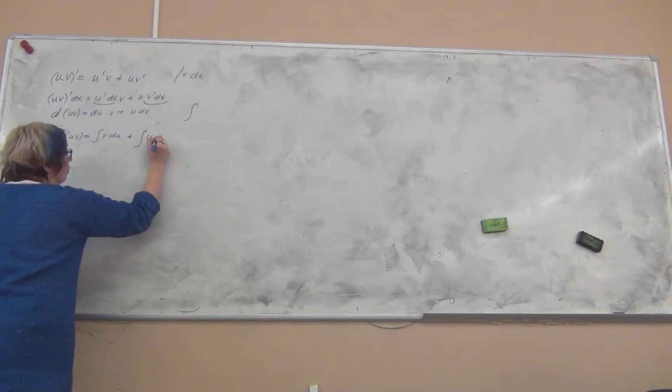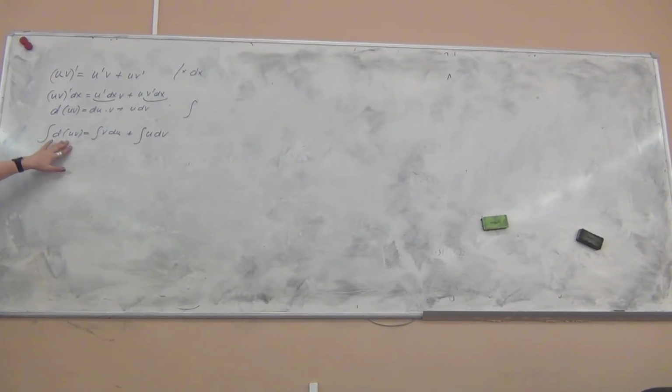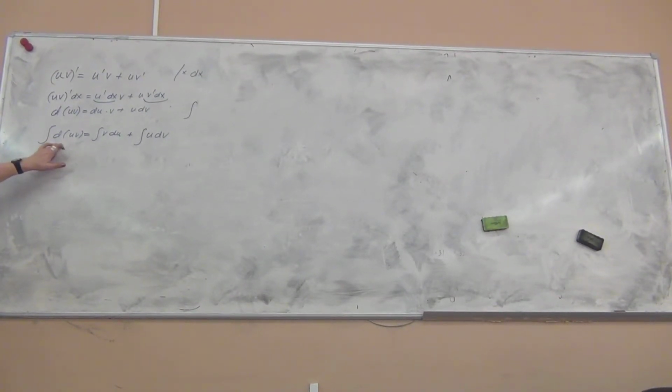plus the integral of u dv. Integrating and finding the differential are usually inverse operations. So basically the integral of the differential is the same old uv. That was one of the first properties of integrals, if you remember, last week or the week before that.